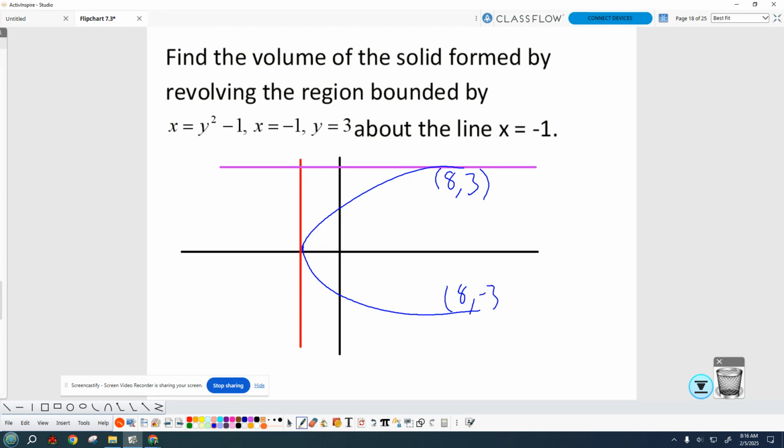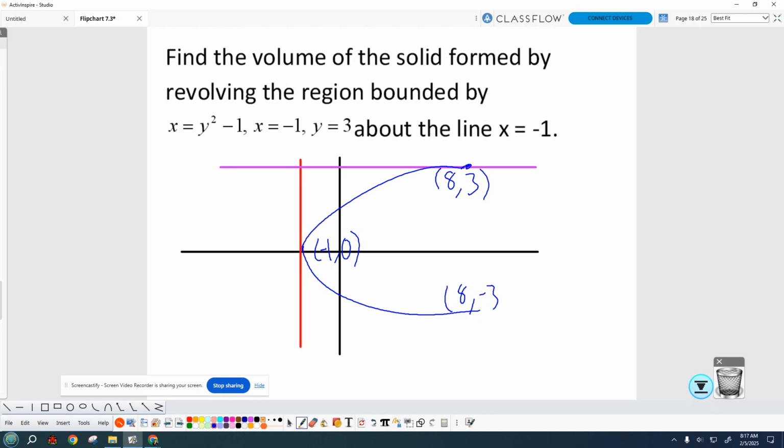When x is -1, y is 0. And when x is 8, y is 3. Do you guys agree with her coordinates? Okay, cool.